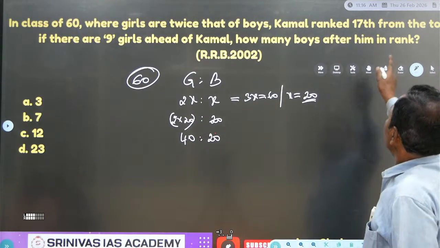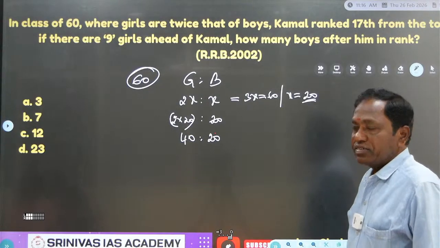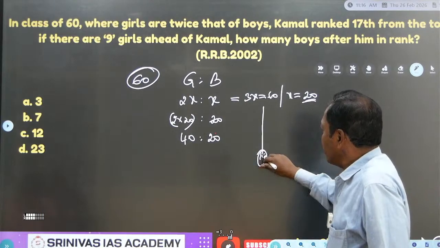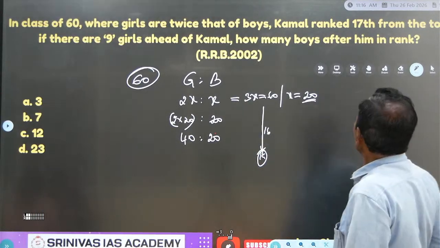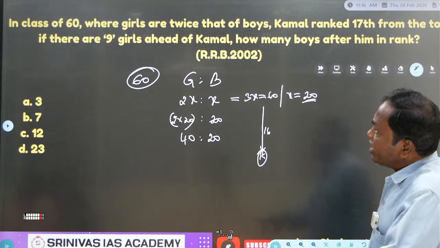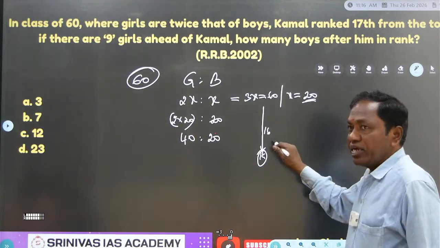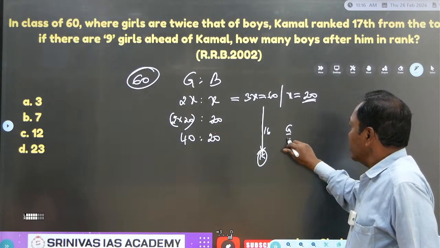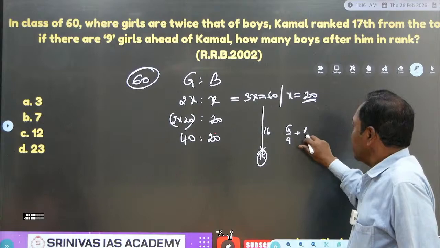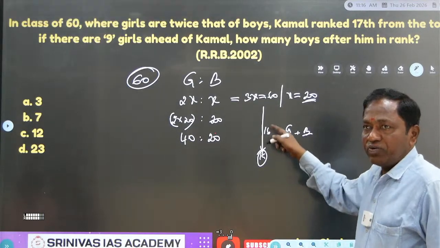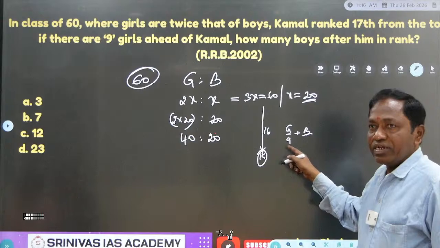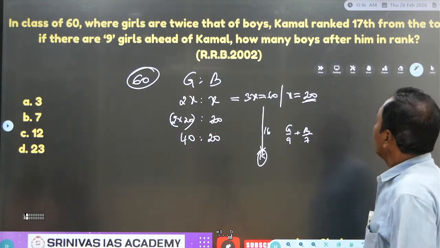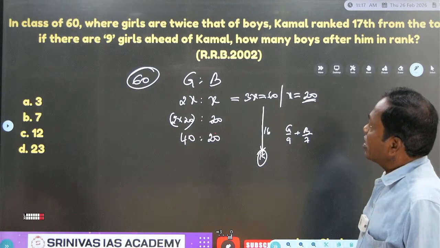Kamal ranked 17th from the top. It means 16 are ahead. If there are 9 girls ahead of Kamal, the rest are boys. Total put together is 16, girls are 9, remaining are boys, so boys are 7.